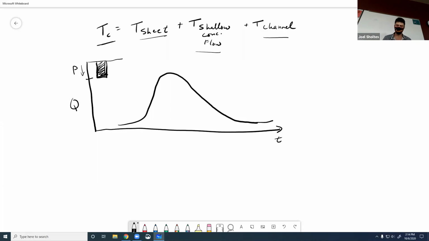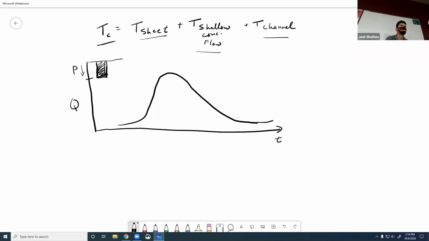And then the other things we know are the properties of our watershed, right? You know, the area, the slope, you're going to estimate some of these parameters, the curve number, that sort of thing. So what rainfall runoff modeling does is it takes this rainfall input and translates it into an outlet hydrograph.